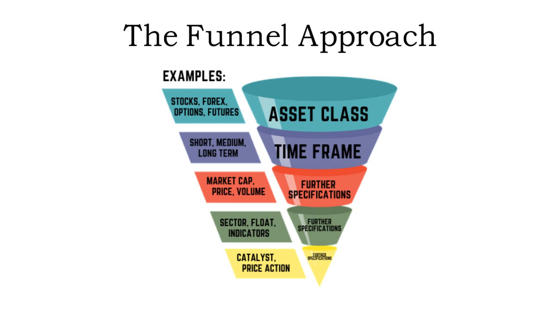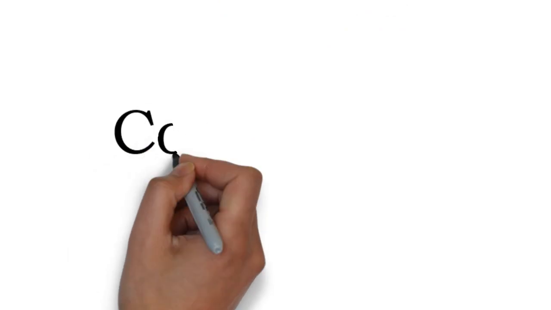Further specifications could also be which sector the stocks are in, the float, or certain technical indicators, and more. Even more examples would be something like price action and news events. I hope this gives you an idea of how you could go about developing your trading strategy with this funnel approach. Now, let me end this video by drawing a conclusion.